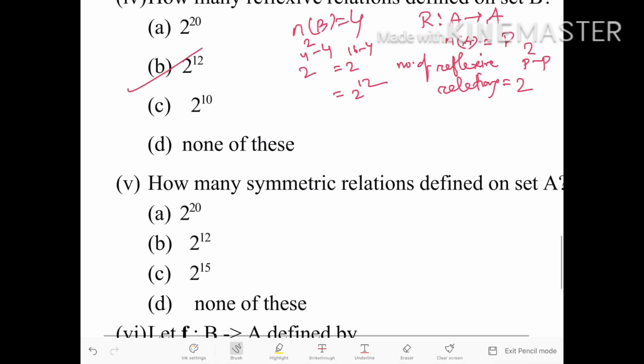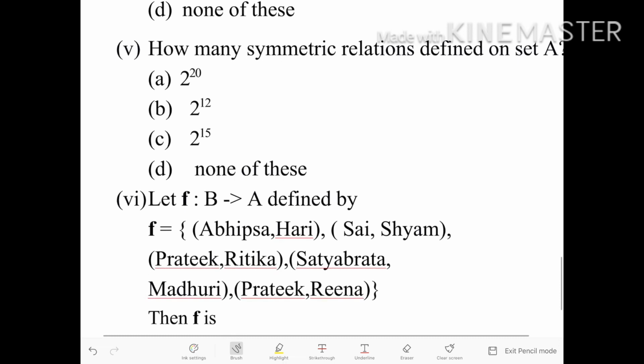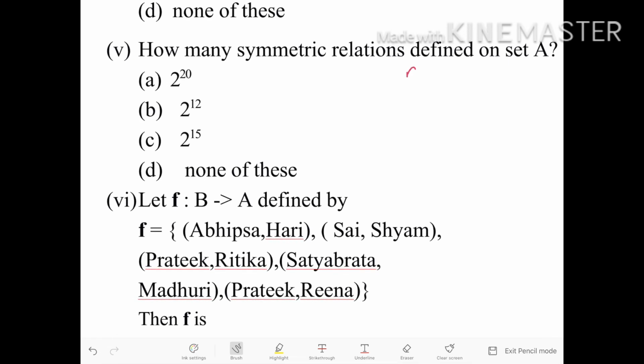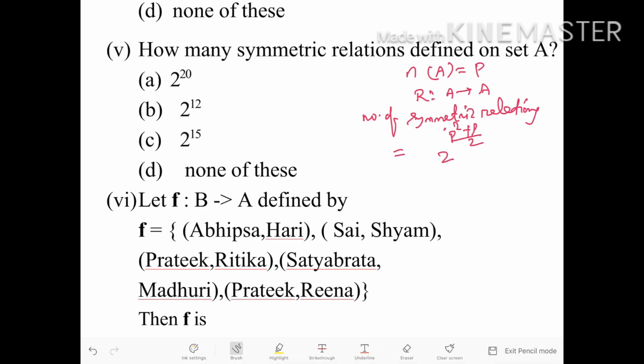Now comes to question number 5. How many symmetric relations are defined on set A? Same concept. Suppose the set A contains P elements and R is a relation from A to A, then the number of symmetric relations from A to A is 2 to the power (P square plus P) by 2.